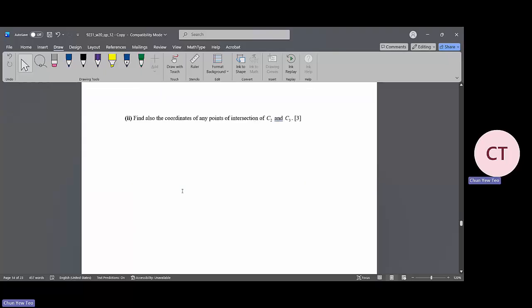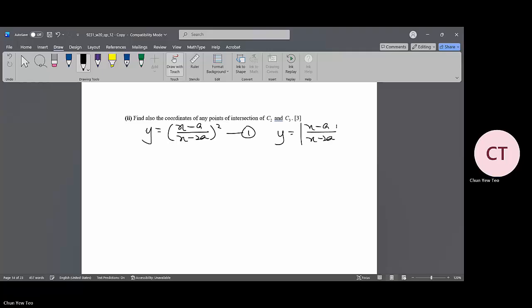Now we want to find the intersections between the curve C2 and C3. C2 is y equals (x minus a) over (x minus 2a), squared. That is equation 1. And then C3 is y equals the modulus of it. To make it easier for us to solve the problem, we just let this be u.